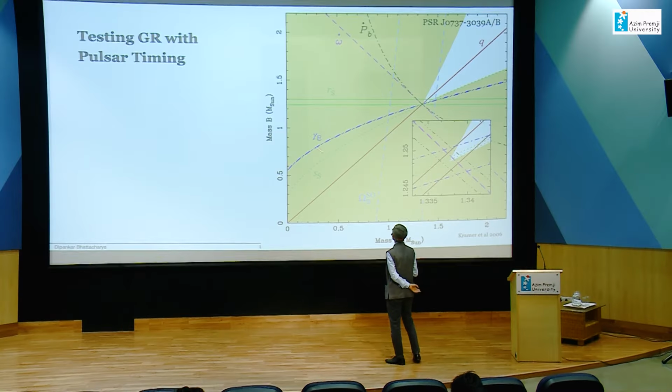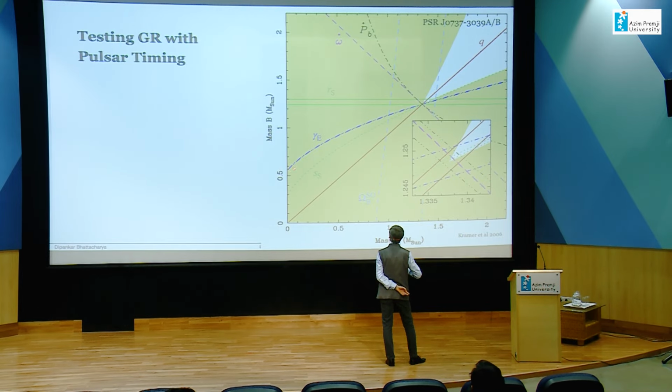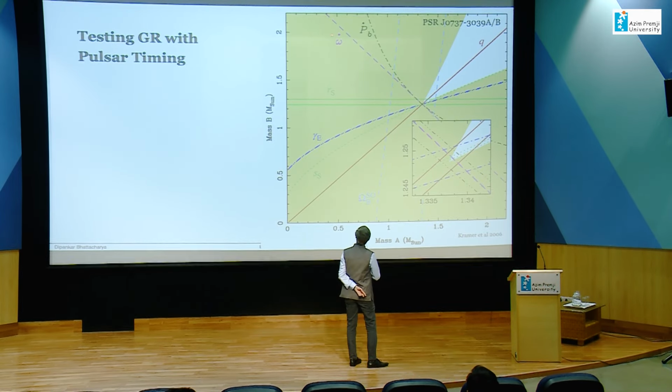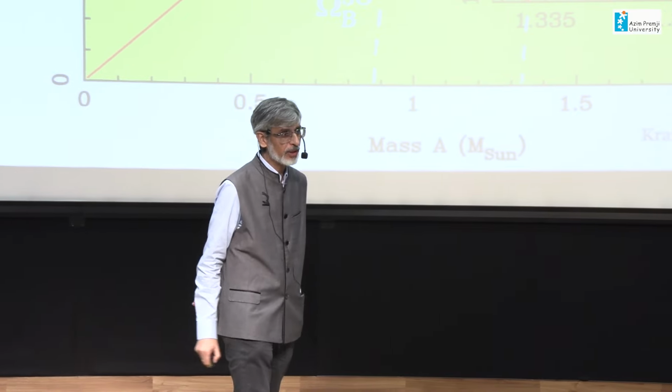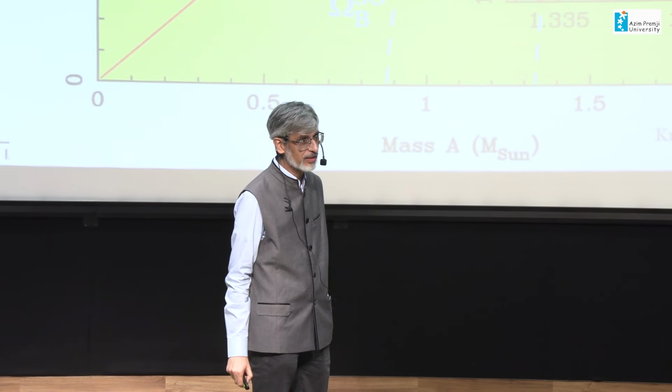So let's take one measurement. Let's say Einstein delay. Given the measured Einstein delay, the masses of these two objects must lie on this line. Let's say the precession omega dot. Given that, the masses of the two objects must lie on this line. So clearly, where these two intersect must be the values of the two masses.